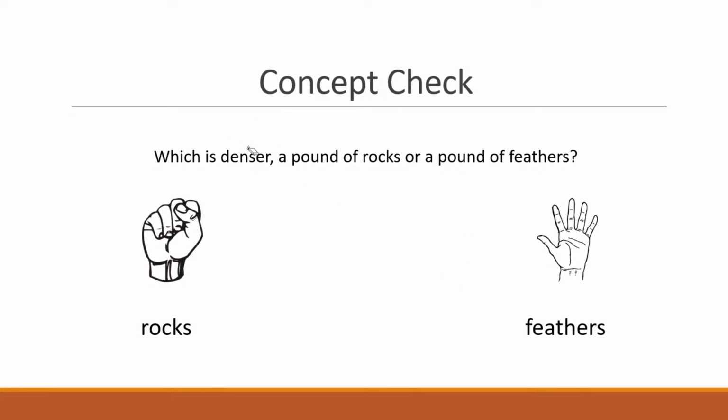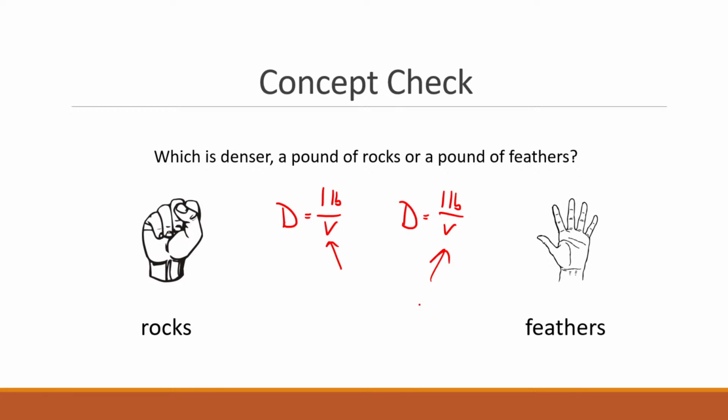But when we talk about density, we want to know which one of these things has more mass packed into a smaller space. Since they're both a pound, we can say each one has the same mass, but if they have different volumes, they have different densities.